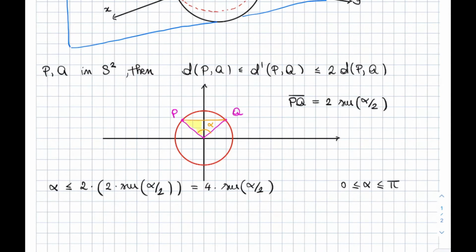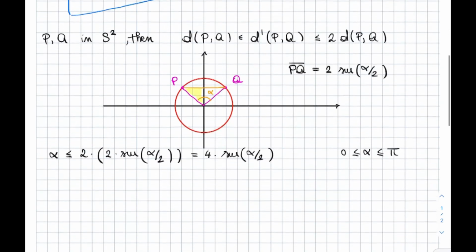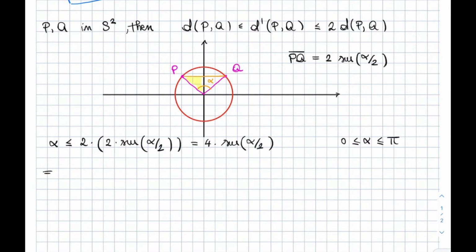The reason why we need this just for these alphas is that the distance between P and Q is always computed taking the shortest arc connecting P and Q, which means that if alpha were bigger than pi, we were considering the wrong arc and we should have considered the other one, in which case alpha will be smaller than pi.